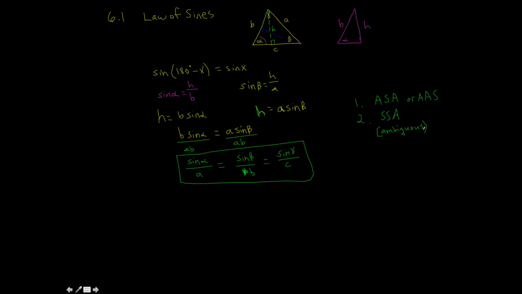Because as you're solving these, remember, a triangle has to give you 180 degrees. So all of these angles have to be between 0 and 180. Because if you start getting bigger than 180, then you don't have a triangle. So keep that in mind. Just a little logic to use with this.